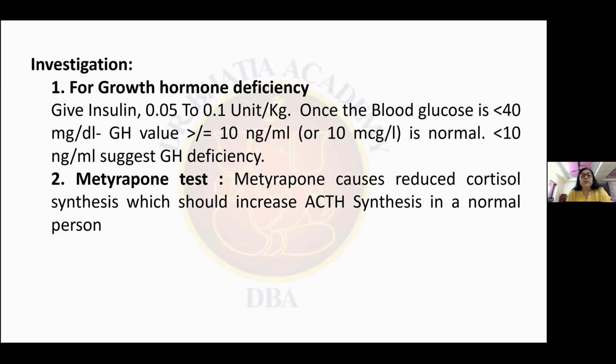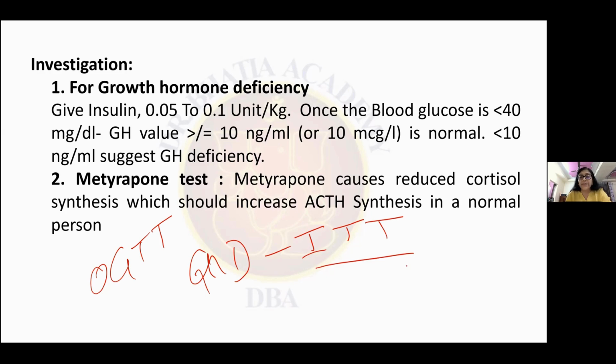So, investigations for GHD. For GH hypersecretion we did OGTT. For GHD, we will do ITT, that is insulin tolerance test. We give insulin, usually 0.05 to 0.1 unit per kg, given IV.